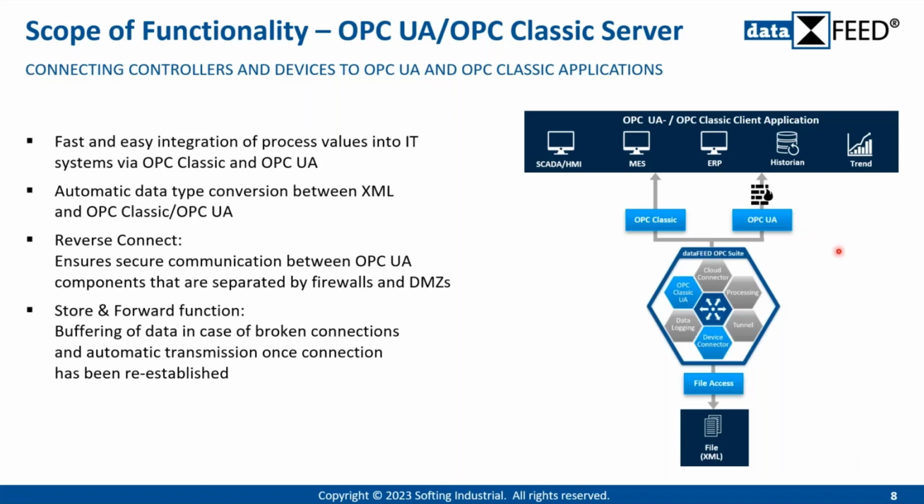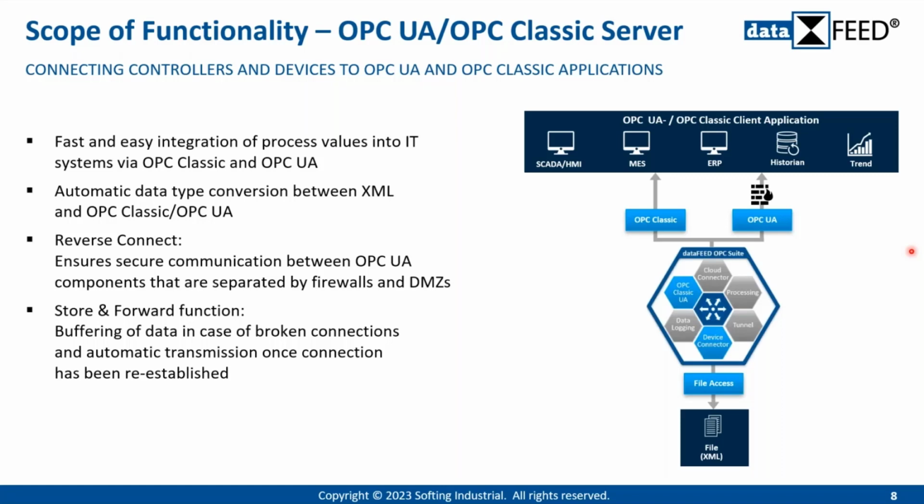What we have here is, on the one hand, an automatic data type conversion between the XML files, which we read from the file, the source, to the destination OPC Classic or OPC UA. In addition, we have a small, I would say, add-on functionality for OPC UA.